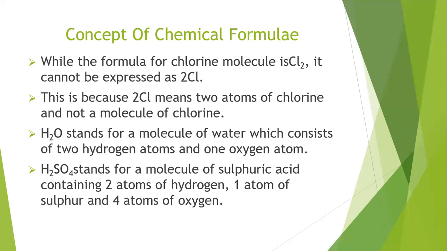Putting the 2 before the Cl or after the Cl changes the actual meaning of what you are trying to write. When you write 2Cl, it means there are two atoms of chlorine and not a molecule of chlorine, whereas when you write Cl2, you mean a molecule of chlorine.